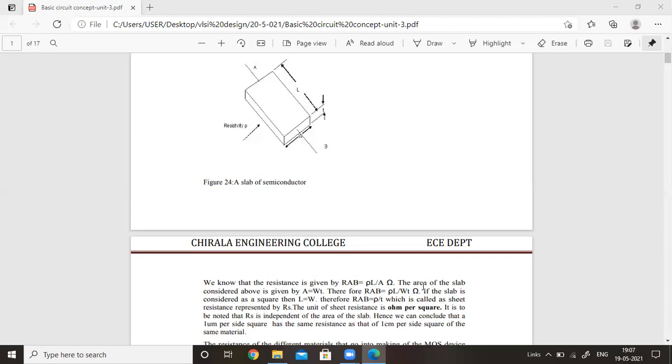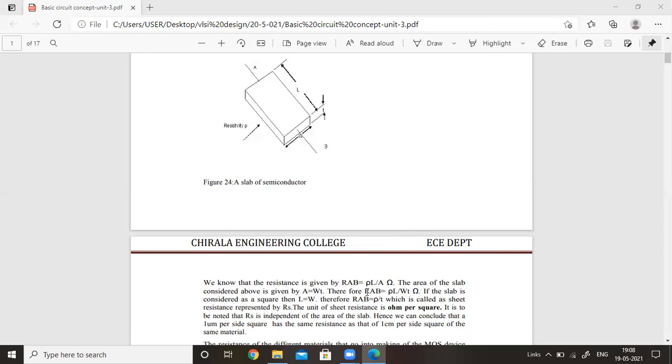So we are going to substitute and represent R suffix AB is equal to Z into rho by T, where Z is equal to L by W. Remember that point. R suffix AB is equal to Z into rho by T, where rho is the resistivity, T is the thickness of the material, and Z is equal to L by W.